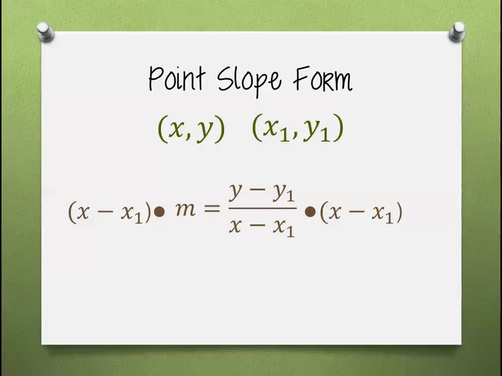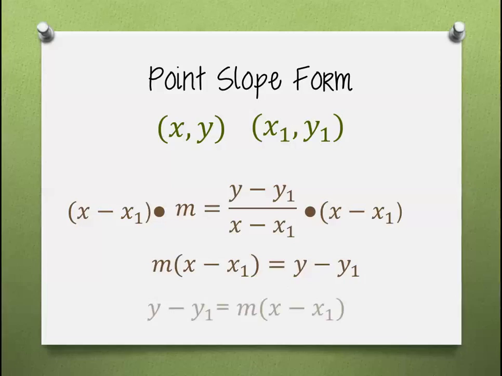If we multiply both sides by x minus x1, it simplifies to m times the quantity of x minus x1 equals y minus y1. And if we use the symmetric property to rewrite, we end up with point slope form.